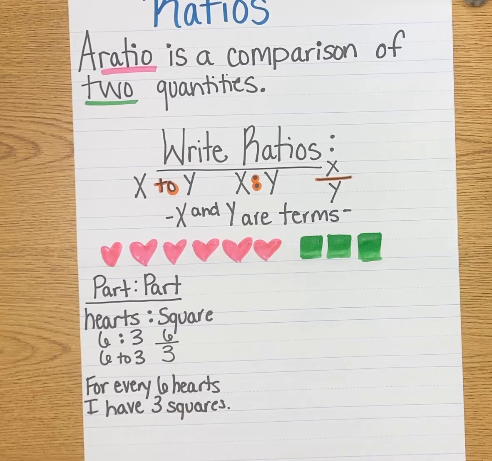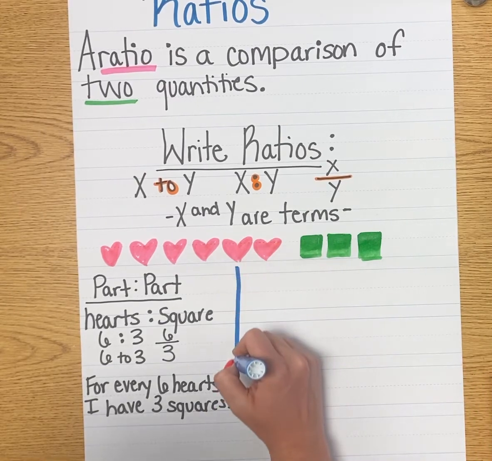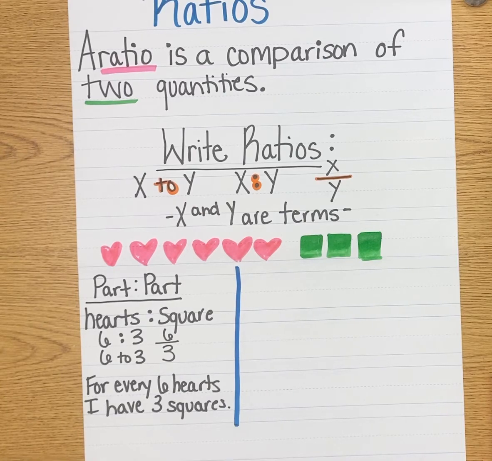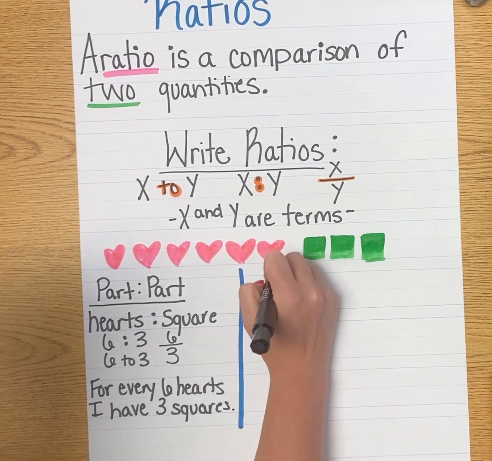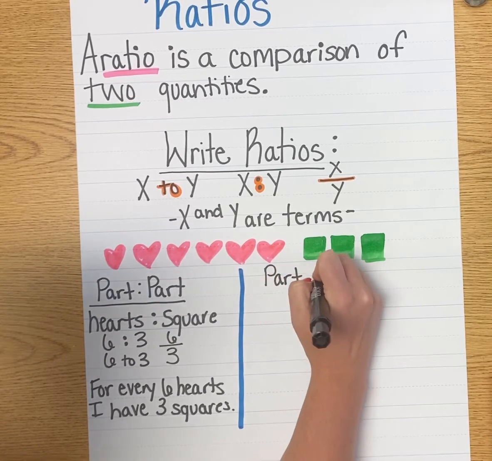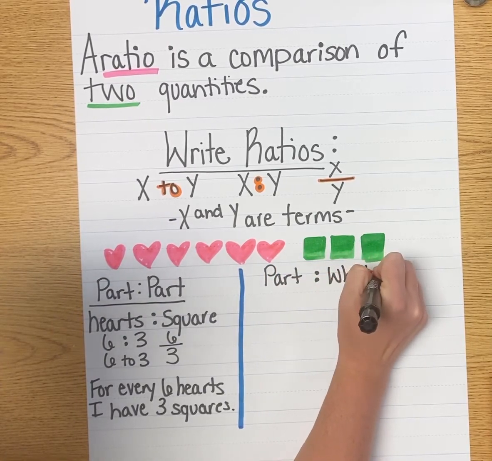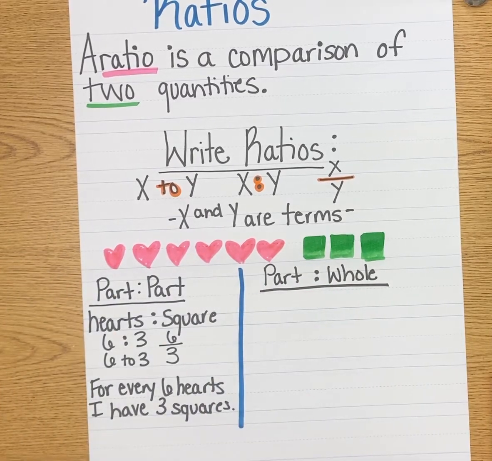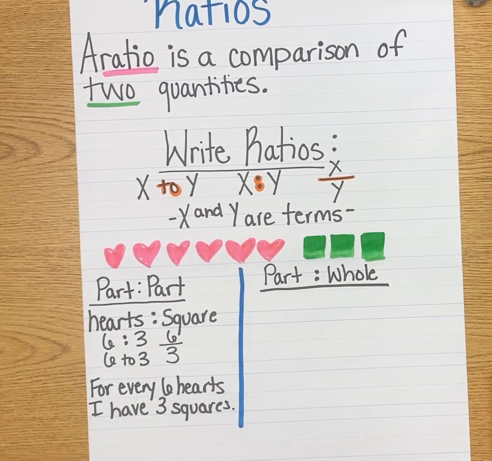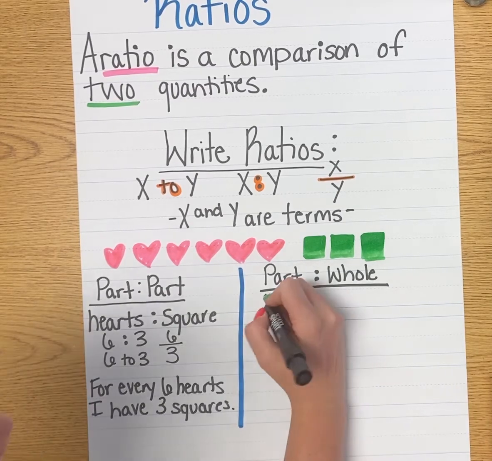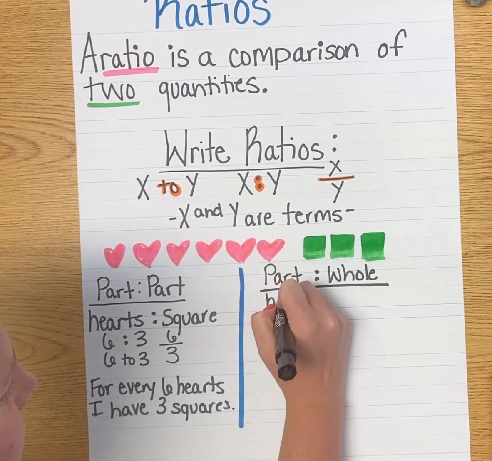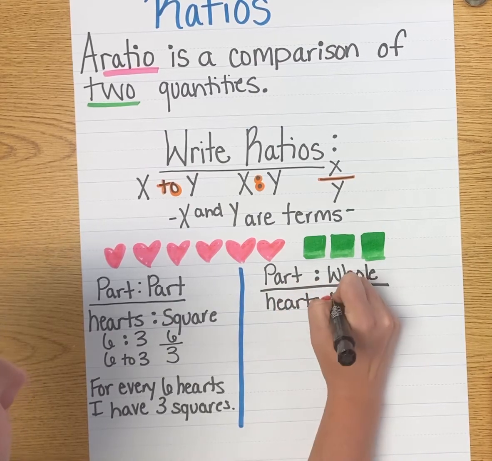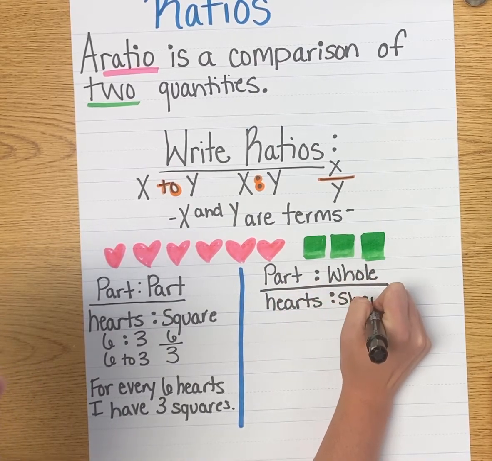Okay? Then we could do part to whole. So that is comparing one of the parts to the whole set. Okay, so I am going to compare my hearts to all of my shapes.